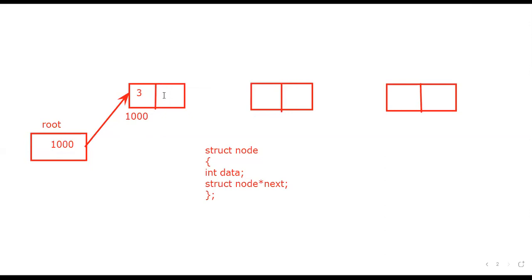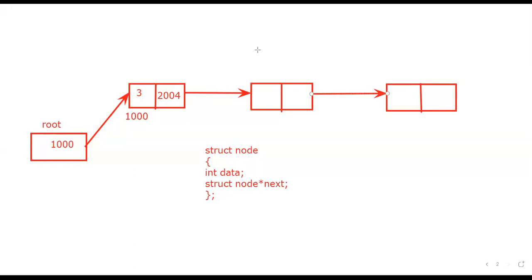Now the next address is, for example, 2004. So now this is pointing to this node, and after that this is pointing to this node. This is a pointer next, next node, next link.